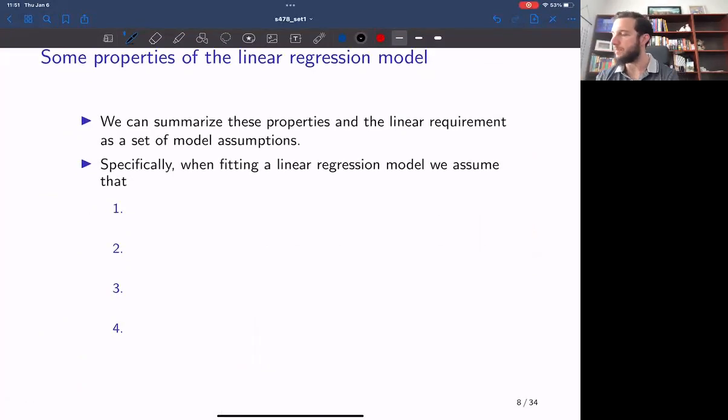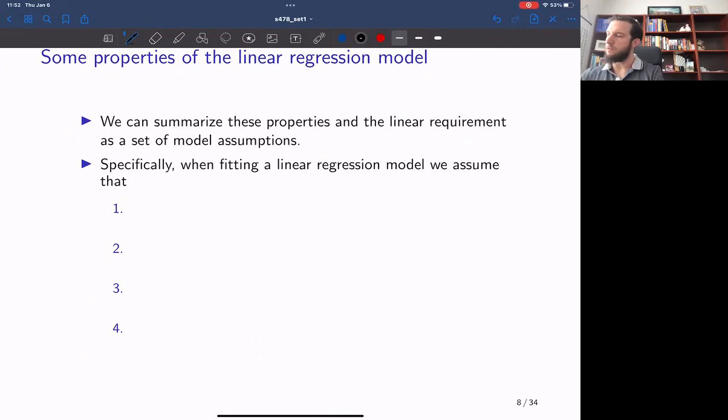Okay, so we've talked a little bit about these model assumptions, and we've talked a bit about the distribution of the error term that we attach to said linear regression model. So we can think of the distribution of this error term and the expectation of how Y would be linked to X as a set of assumptions that we would need to evaluate when we're using a linear regression model.